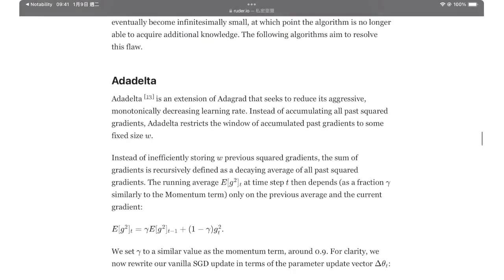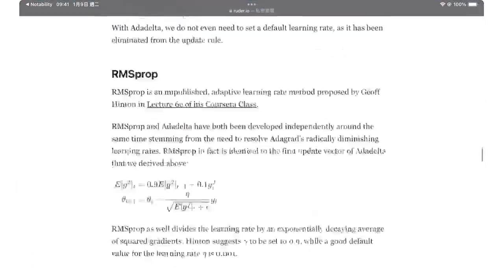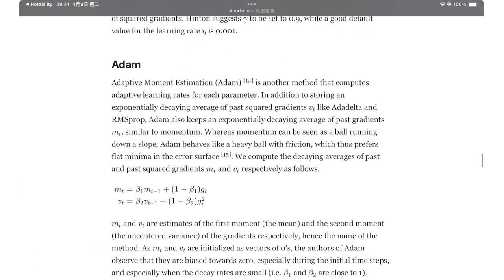Okay, so we have two different adaptive strategies. So Adam, as we mentioned, we use Adam a lot, right? So what is Adam exactly? Adam here is called adaptive momentum estimation. So it also has adaptive learning rate, but it also includes the idea of momentum.